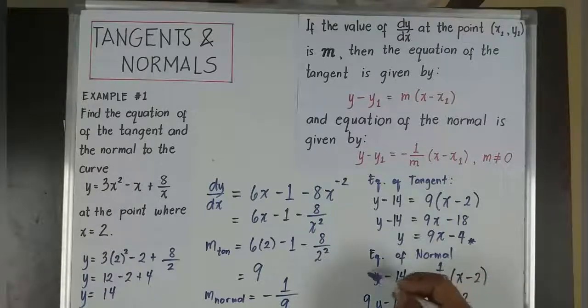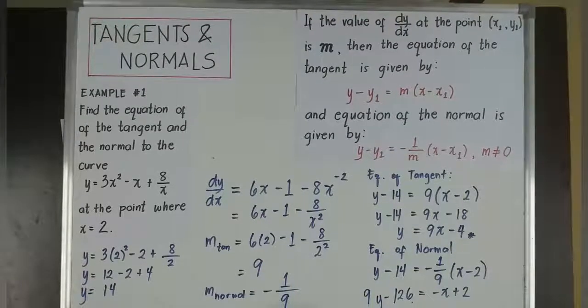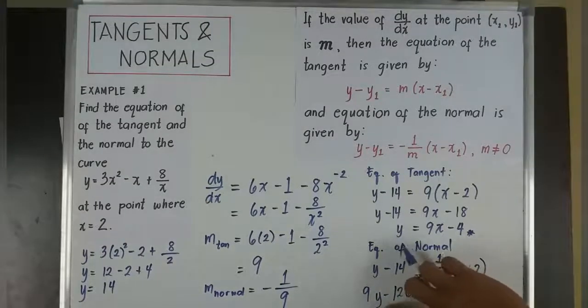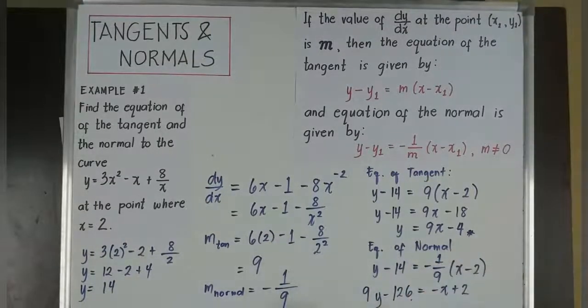Y times 9 is 9y, and negative 14 times 9 is negative 126. So therefore, the equation of the normal is 9y.